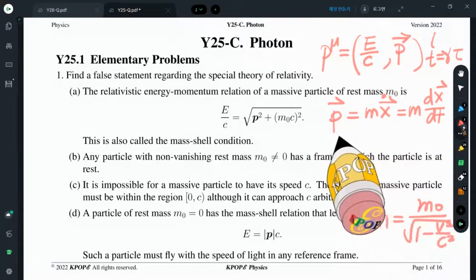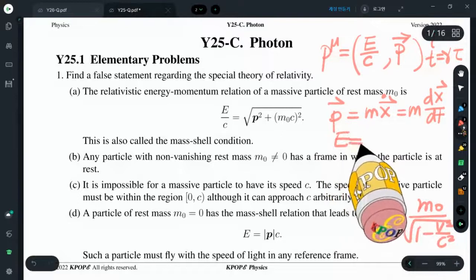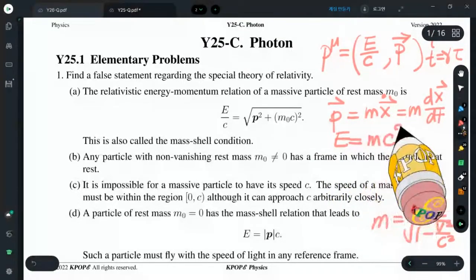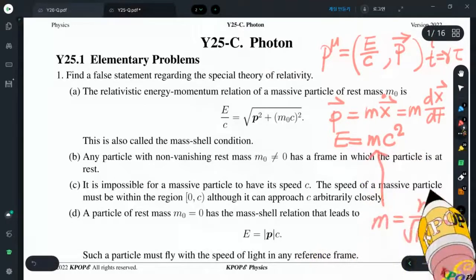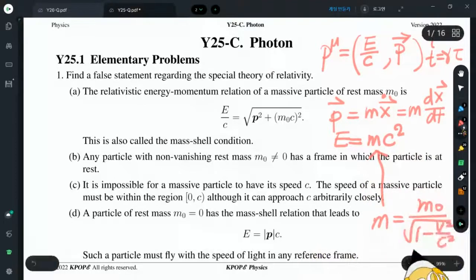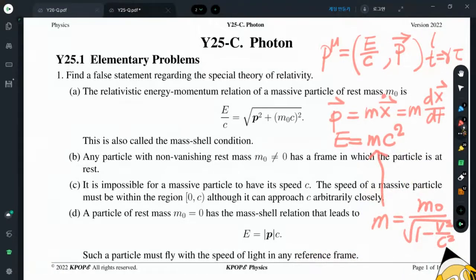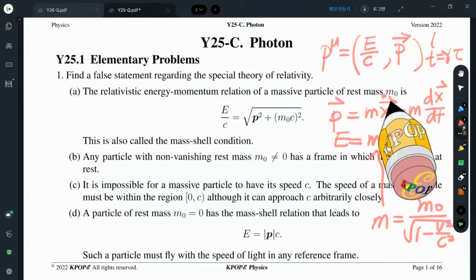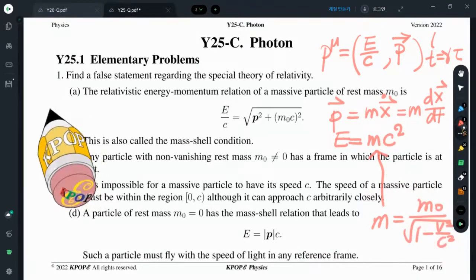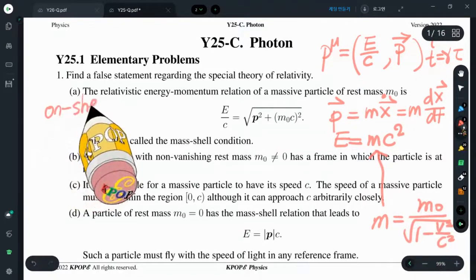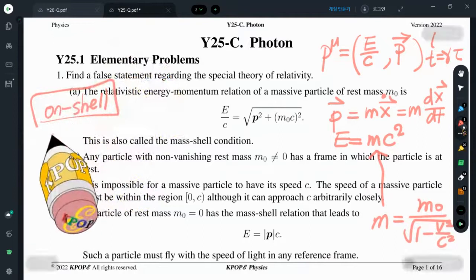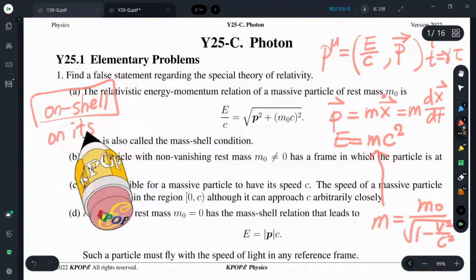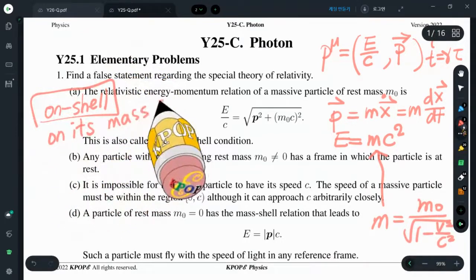And energy equals mc squared, where mass is m0, the rest mass, multiplied by the Lorentz factor. And this relation gives an on-shell condition. On-shell means on its mass shell.